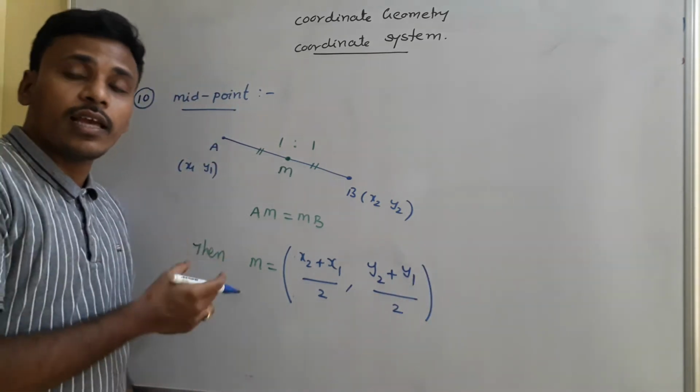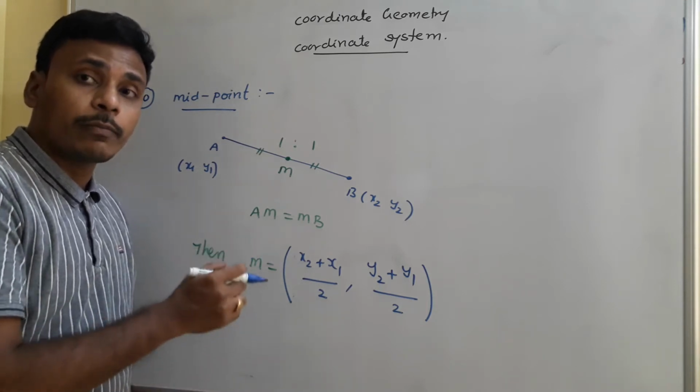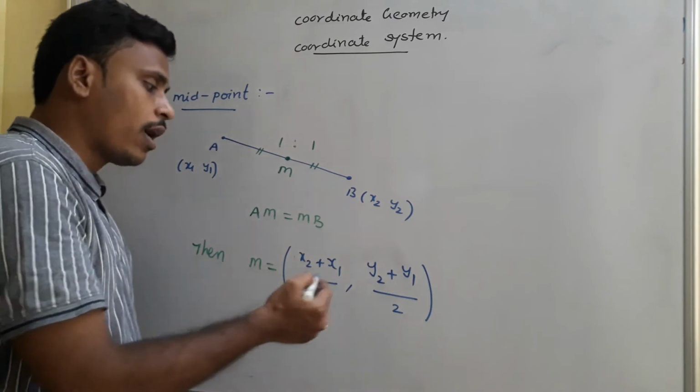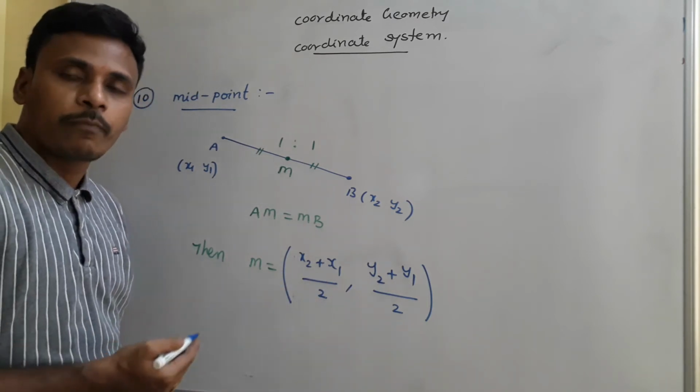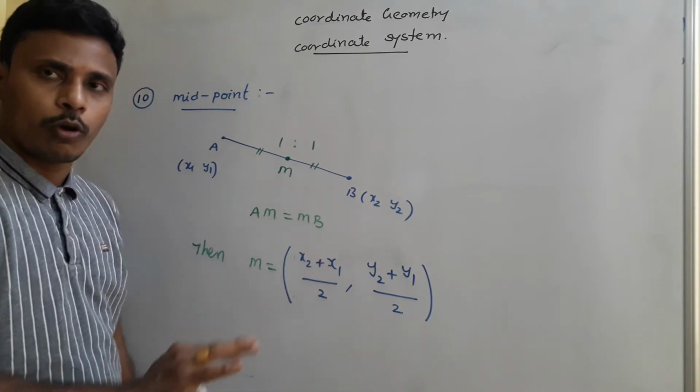So at the end, since M is the midpoint of AB, the midpoint is (x2 plus x1) by 2 comma (y2 plus y1) by 2. Very simple, right? x2 plus x1 or x1 plus x2, no problem.